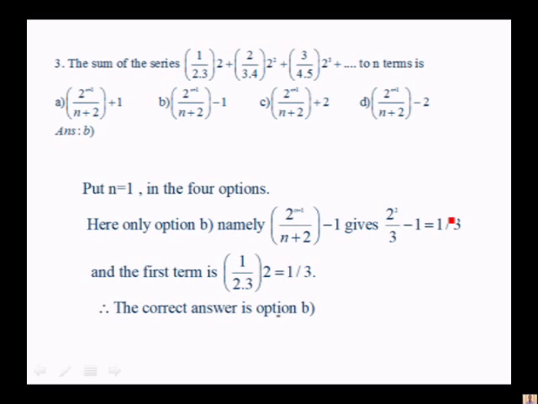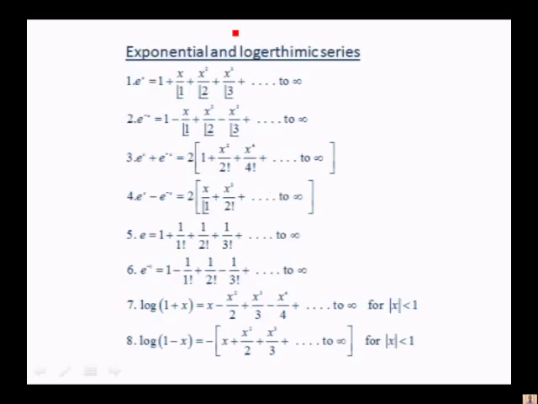So 1 over 2 into 2 is also 1 by 3. So option B is the correct answer, because you get 1 by 3 in this one. When n is equal to 1, you get 1 by 3 here and 1 by 3 here also. So option B is the correct answer. So whenever problems with n come like that, use this approach.